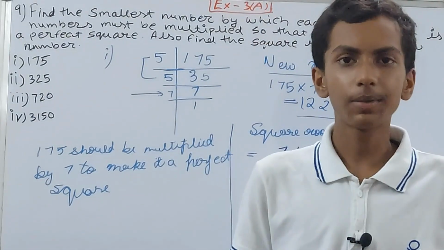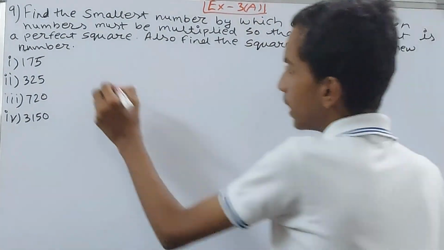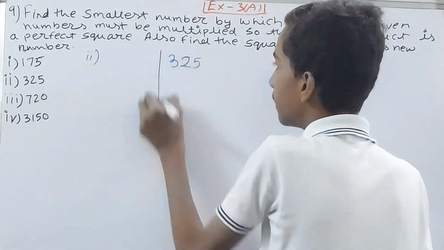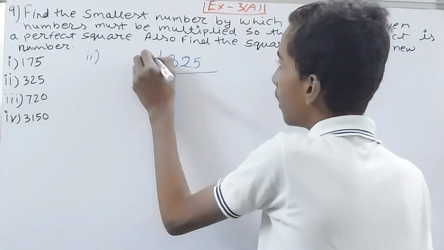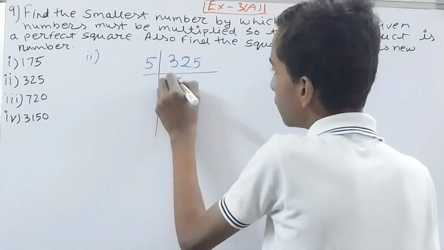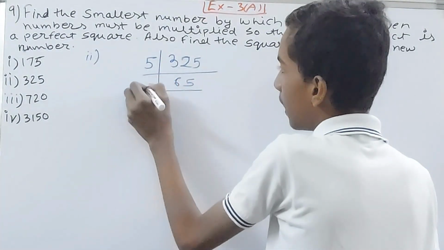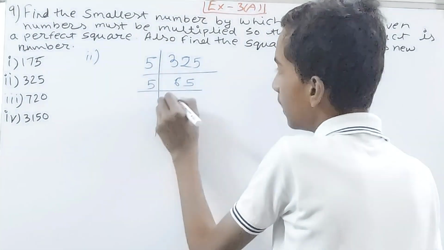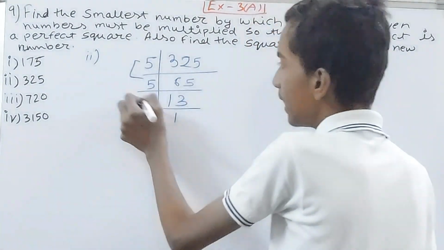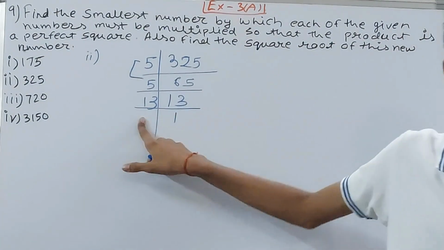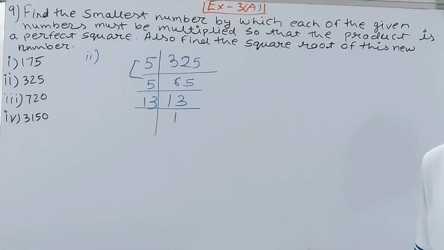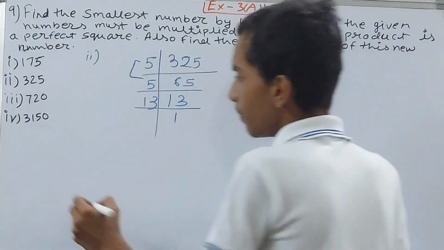Now let's move on to the next part. Next one is 325. Again we will prime factorize 325. So this will become 65, then 13, and 13, so 1. Make the pairs: 5, 5, and this 13 is left out. Whenever a number is left out, our answer is done here.